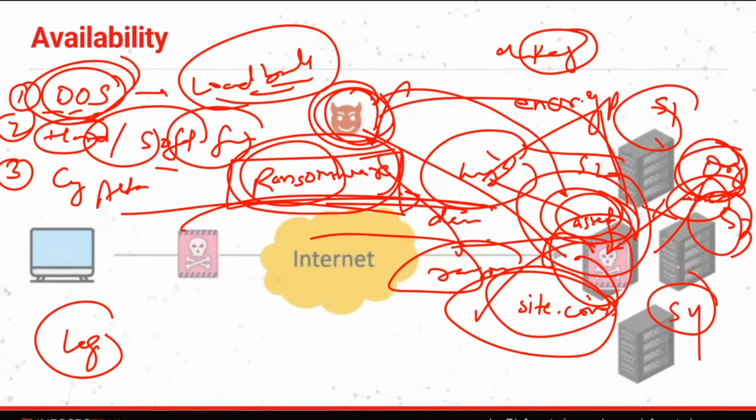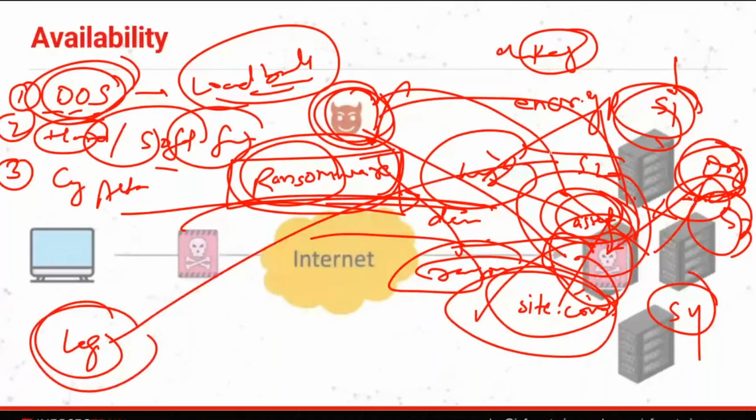So in case of a hardware or software failure of server 2, I can make sure that the site is up and running from a different server, so that the legitimate user is still able to access that particular site.com. That is redundancy. Having an extra backup, an extra server there, so that in case of failover, the other server will take over, and the site will still be accessible to the legitimate user.